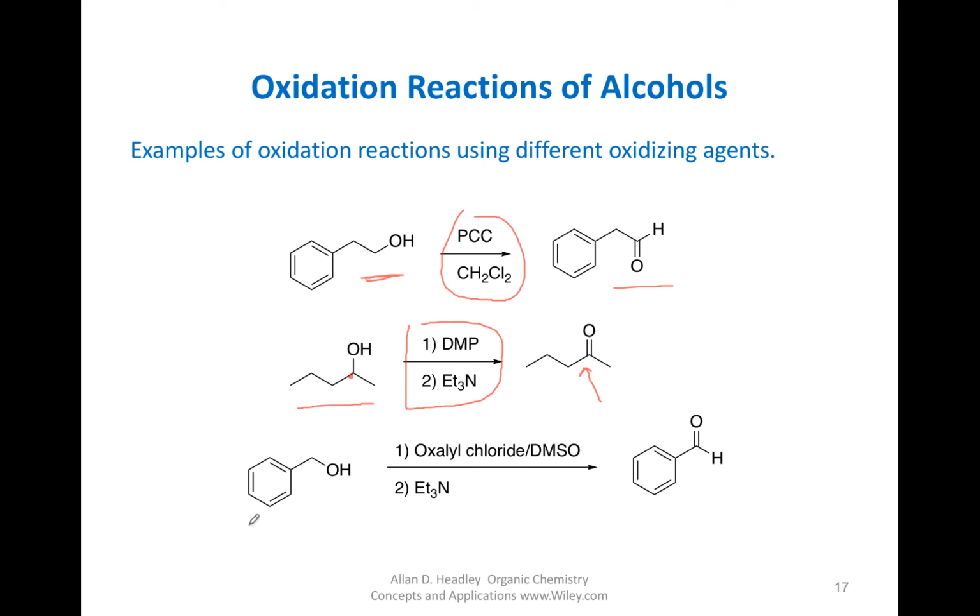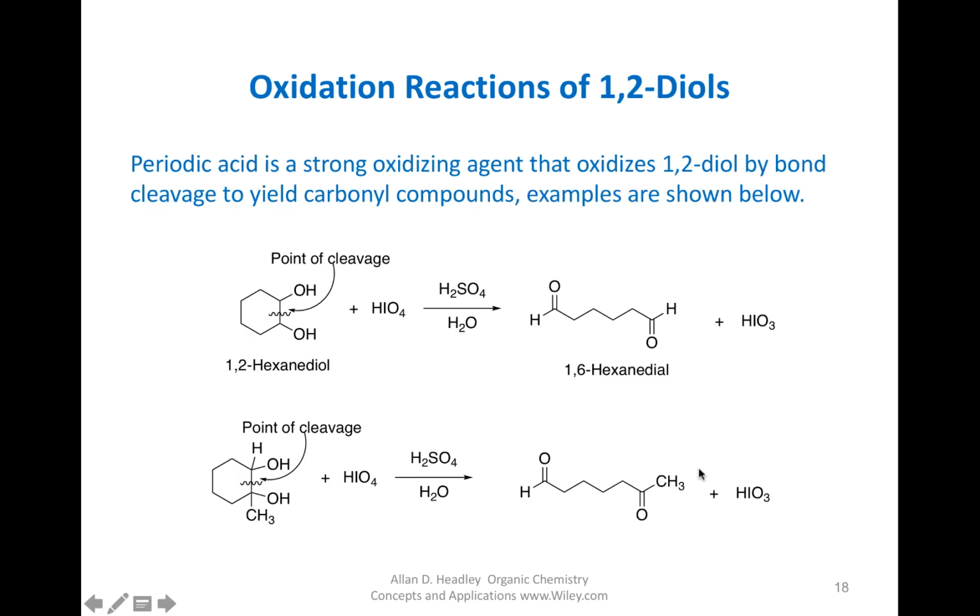And here, of course, is our benzyl alcohol. And, of course, this, as you will recall, is the Swern oxidation, and we can stop at the aldehyde. So this gives you choices in terms of oxidizing reagents that can be used to transform a reactant alcohol into a product such as the ketone or the aldehyde.